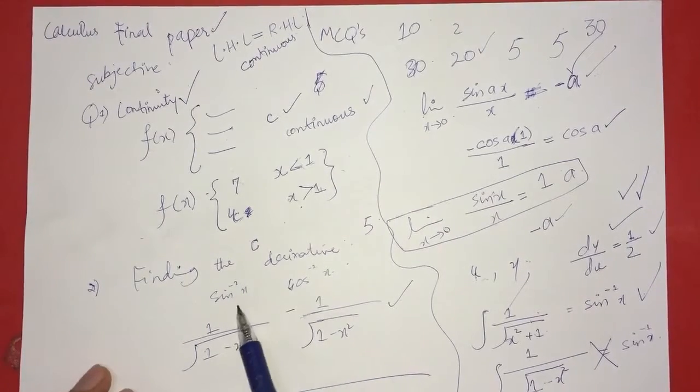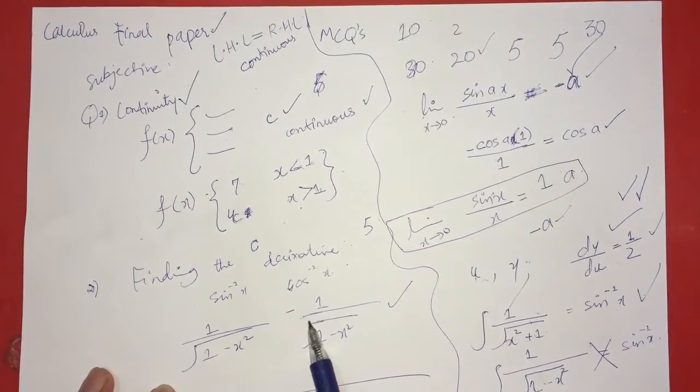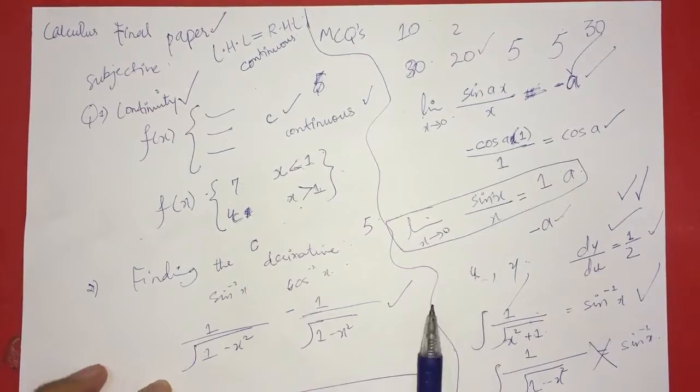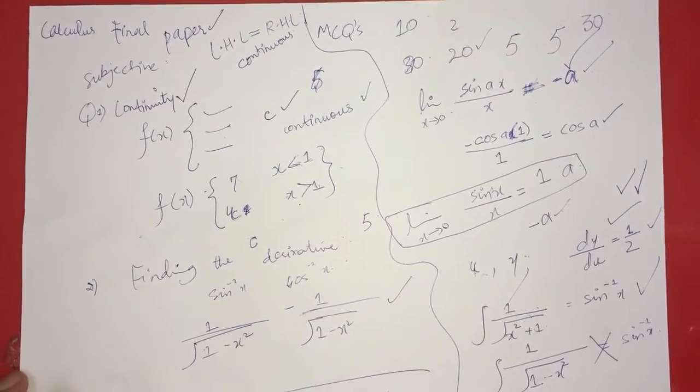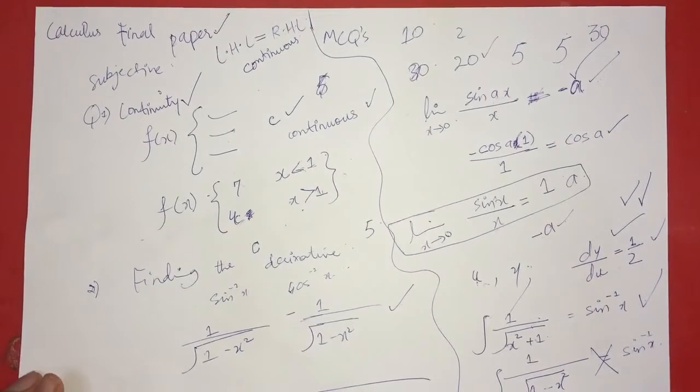The derivative of sine inverse x, as I discussed here, is 1 divided by under root 1 minus x squared, and the derivative of cos inverse x is minus 1 divided by under root 1 minus x squared. So it made the question a little tougher than it was at first. Its derivative was quite long and complicated, so it was up to you how you end the question.